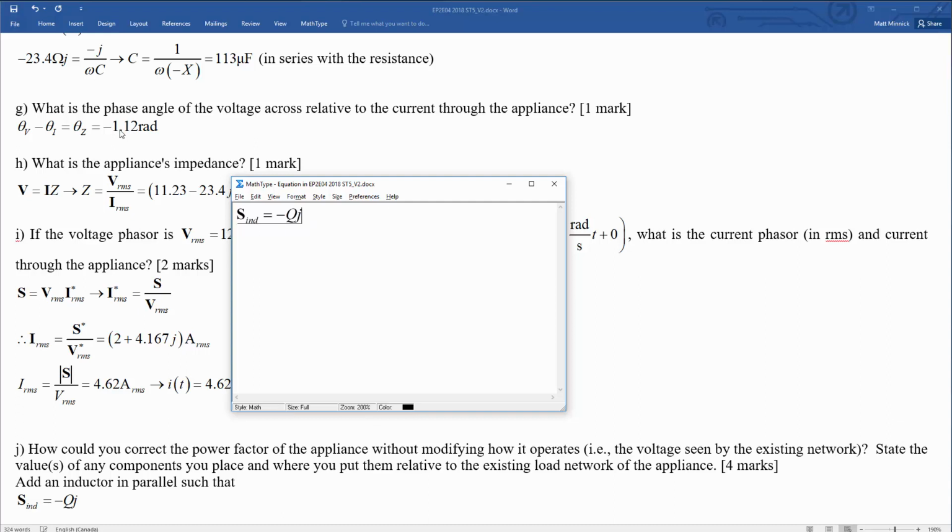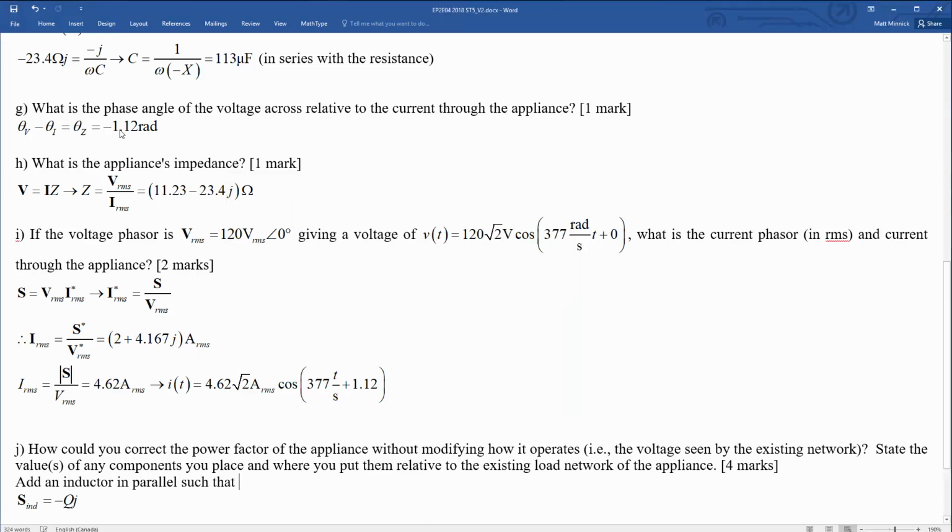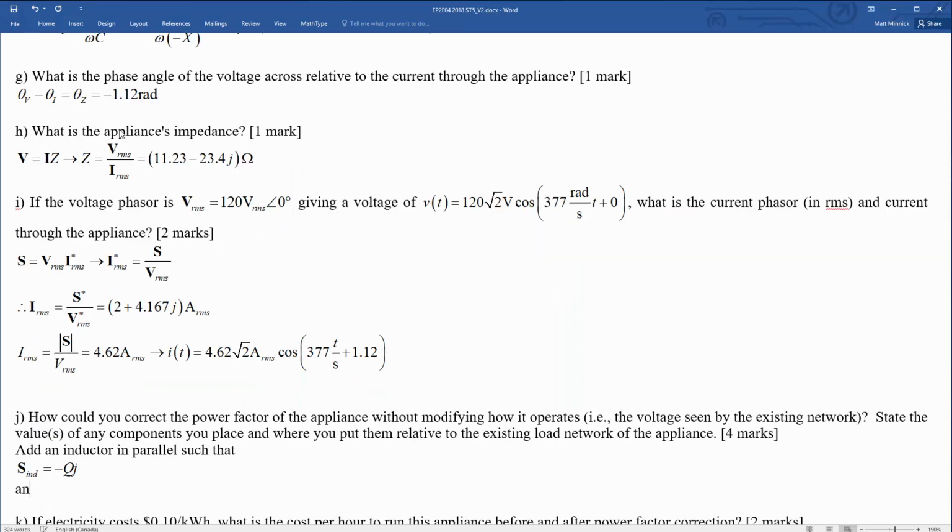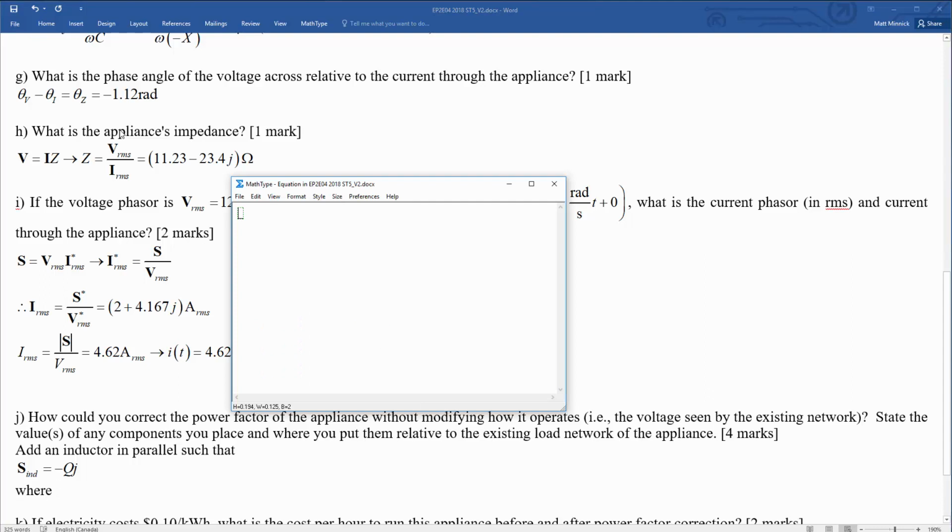So that's the requirement, and we have that an inductor would use a complex power of Vrms times the complex conjugate of the current that would go through it, which would be Vrms, the same voltage across it, divided by Z of the inductor.